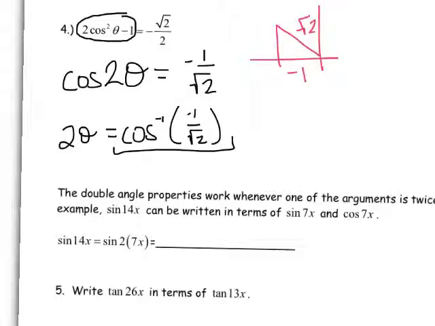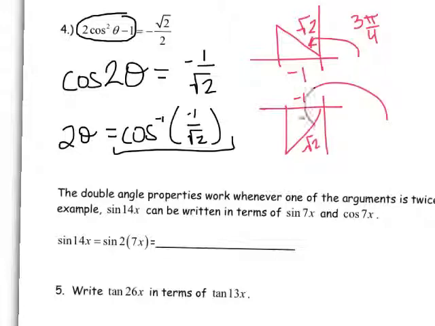What angle is that? Go ahead and think about that for a minute. So you get that that's 3 pi over 4. And also in quadrant 3, that's 5 pi over 4.